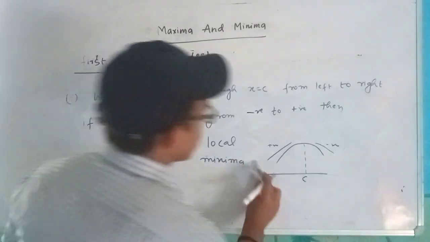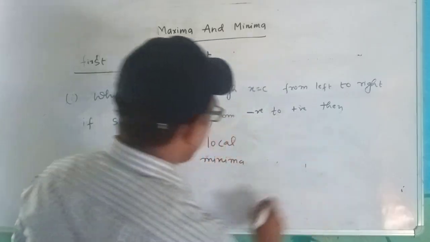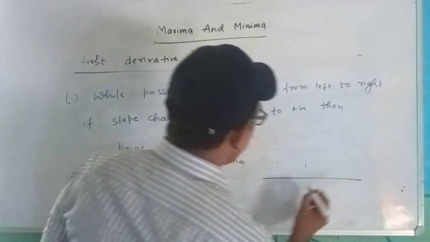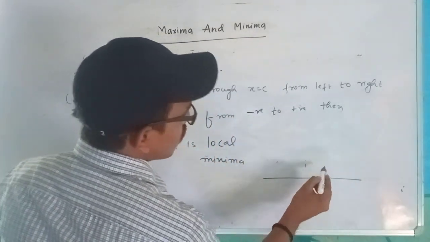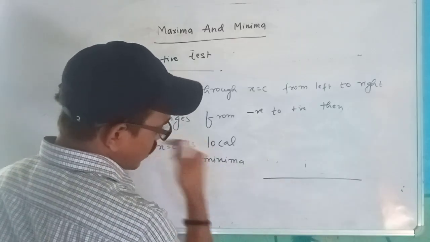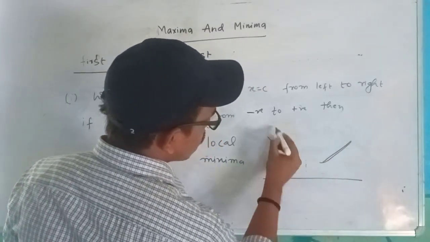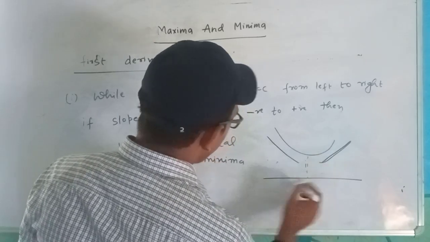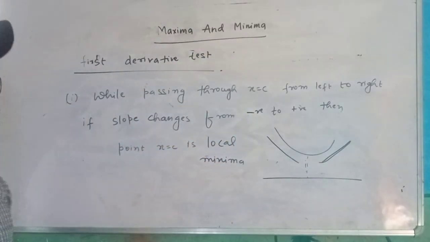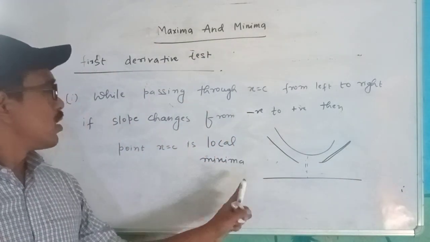The graph is changing from negative to positive, so it will be the point of local minimum. I hope you understand this concept.